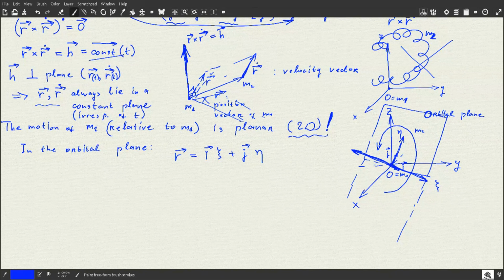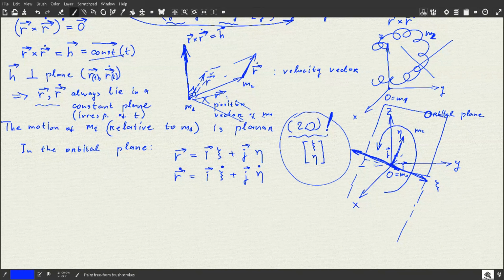It is a planar one. And obviously r dot is i psi dot plus j eta dot. Instead of x, y, z, we can therefore consider two-dimensional coordinates, psi and eta only, in this two-dimensional plane.